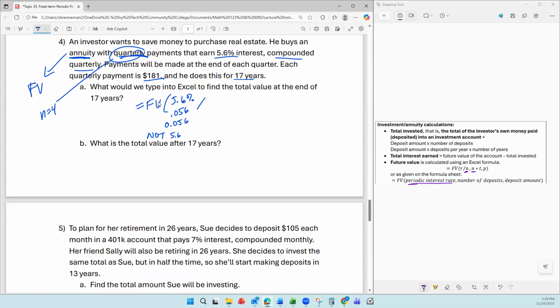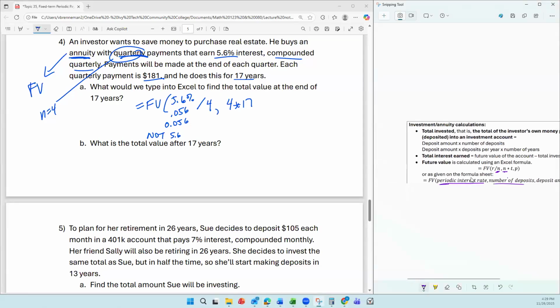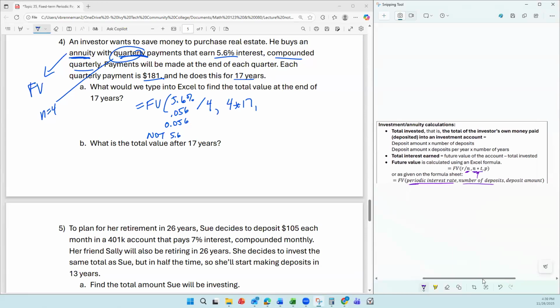And then that needs to be divided by, so /4, so divided by N, then the comma, so that's the R over N. Then times T, 4 times 17 to find the number of deposits, comma, and then the deposit amount, or the payment amount, which is the $181.